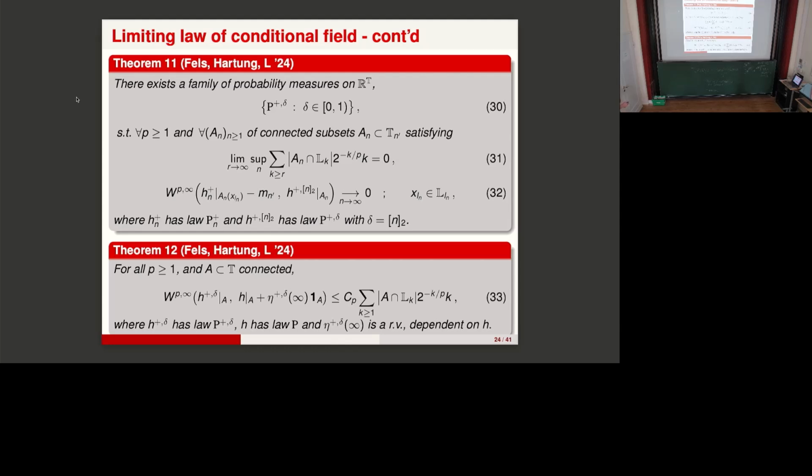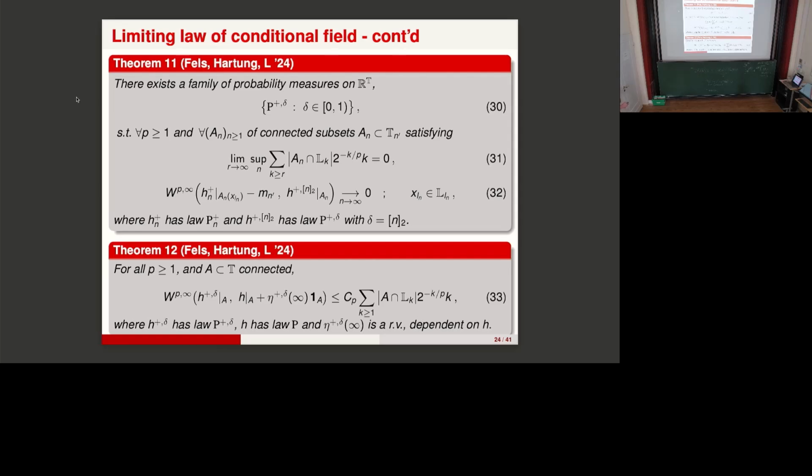Okay? And there is some growth condition on this sequence of test sets that you look at, and the stronger the topology that you choose, the larger p, the more strict the growth condition becomes. So that's one. So that's kind of one general result.